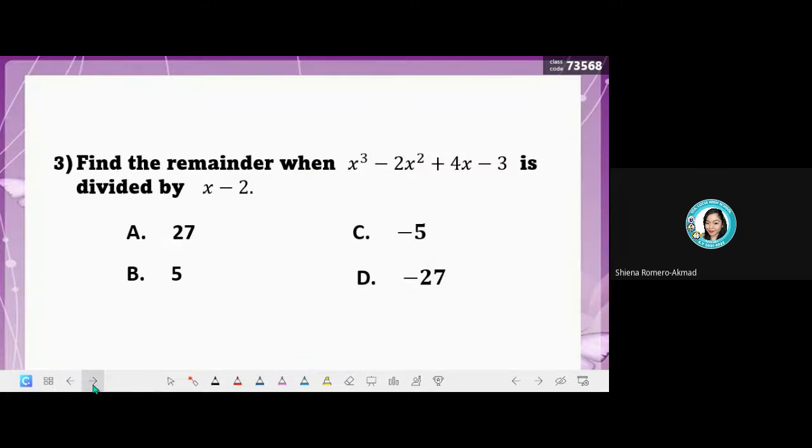Okay? So ano ba yung question dito? Find the remainder when x cubed minus 2x squared plus 4x minus 3 is divided by x minus 2. Ano yung remainder ulit natin? Remainder natin is, tama yung nasa mga comment and message, the remainder is 5.